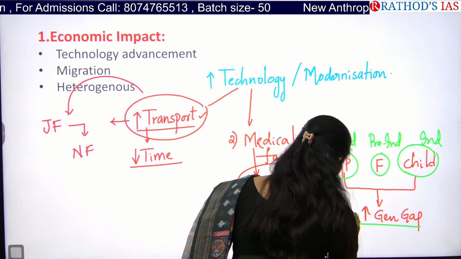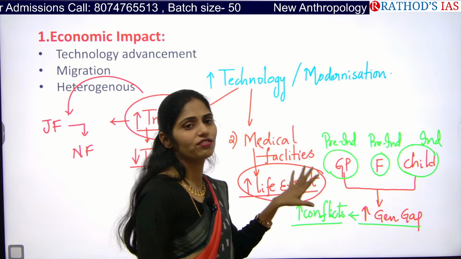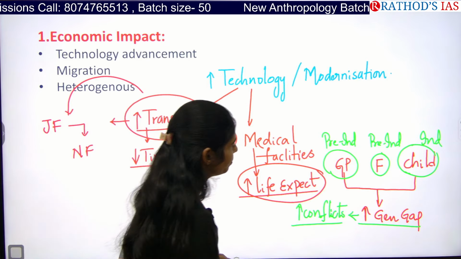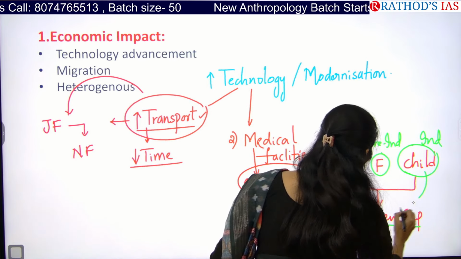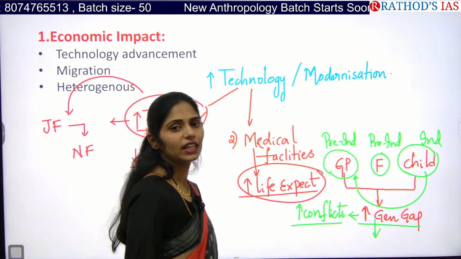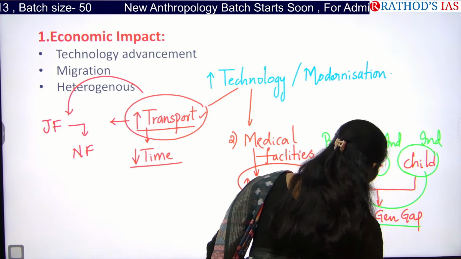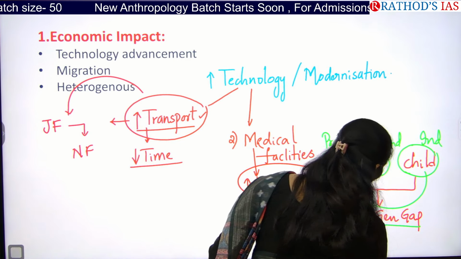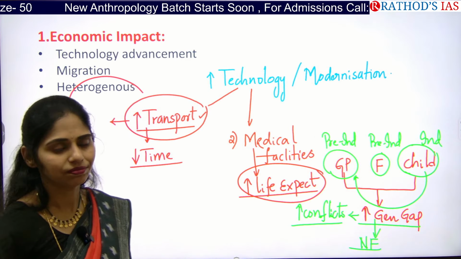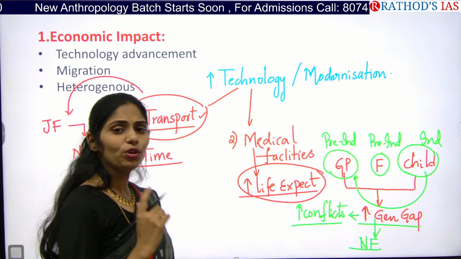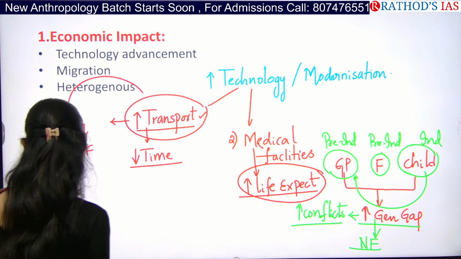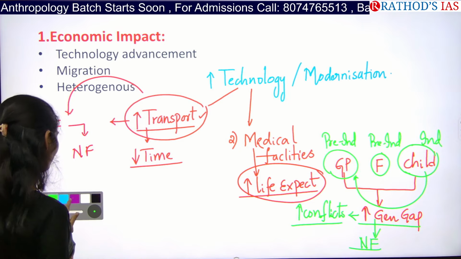There is increasing of conflicts because of increasing of generation gap. So because of this also, these people will not cope up with the earlier generation. So that is also leading to the breaking down of family into nuclear family. Okay, and one more thing here, I want to talk about one more interesting thing.